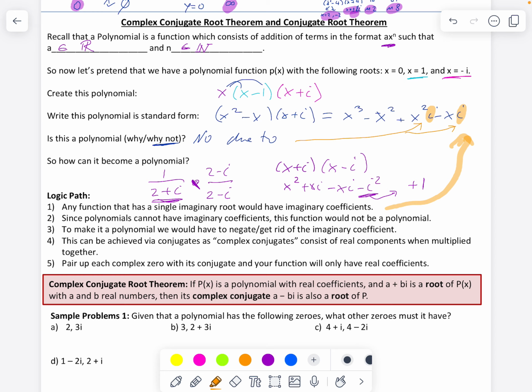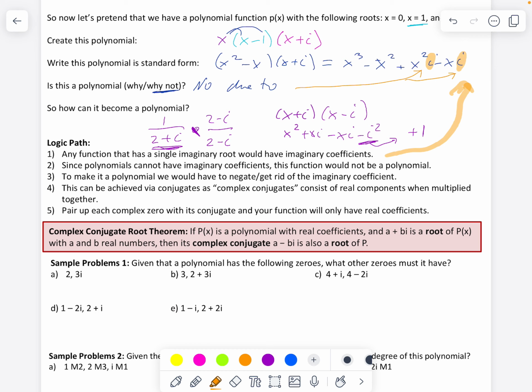To make it a polynomial, you would have to negate, which means to get rid of, these imaginary coefficients. Well, the only way to get rid of it would be through a complex conjugate, which basically is just a conjugate with an i in it. So that means every complex zero has to be paired up with its conjugate.